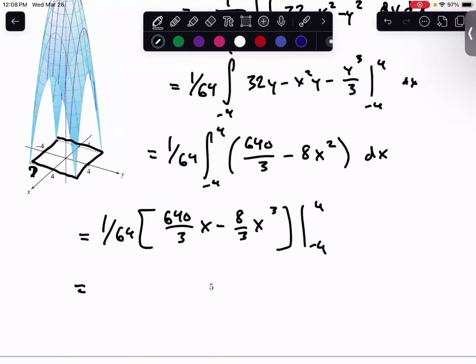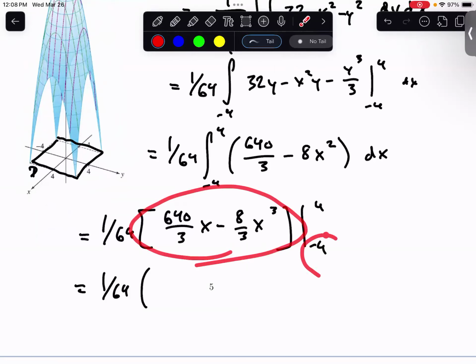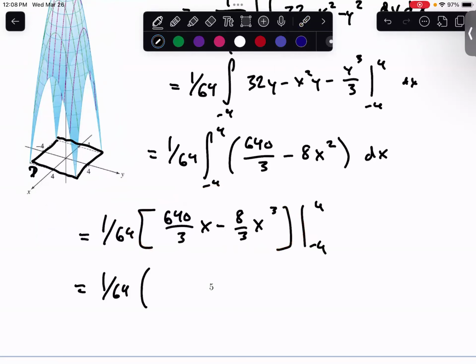It's not super interesting. If you plug in x is equal to 4 and subtract what you get when you plug in x is equal to -4, you end up getting 1 over 64 times 4,096 over 3, which ends up being 64 over 3, which is equal to about 21.3 feet.